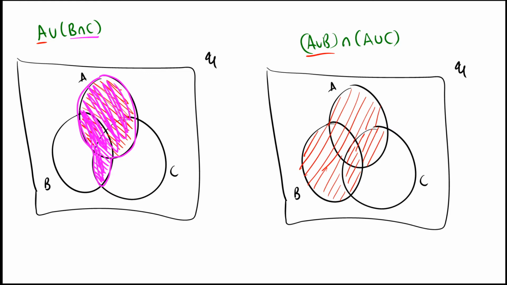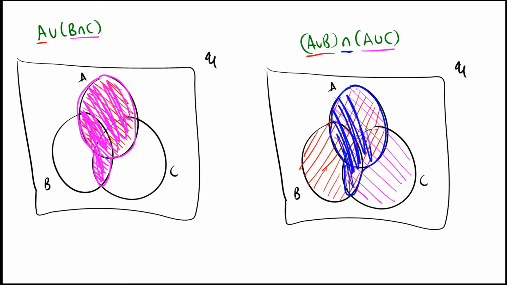Now in pink, I'm going to do everything in A union C. So this is everything that is in either A or C or both. Now what I need to do is I need to take the intersection of these. So I'm going to do that in blue. So basically, the entire area that is covered by both the red marks and the pink marks, that's the intersection. So I want everything covered by both. And if we take a look at this, this is where the overlap is, in this area right here.